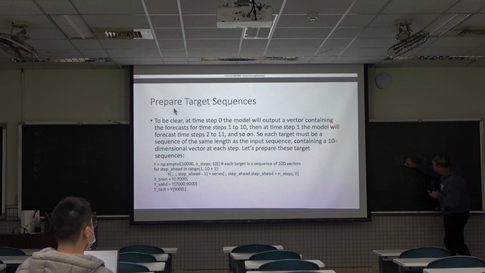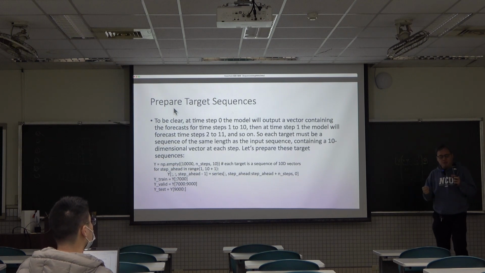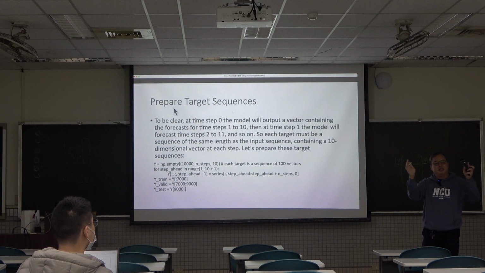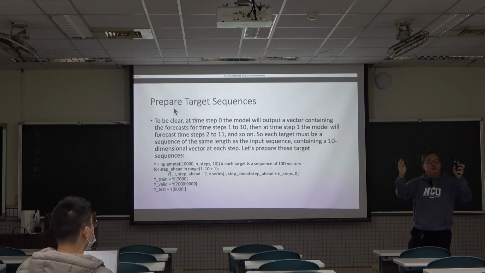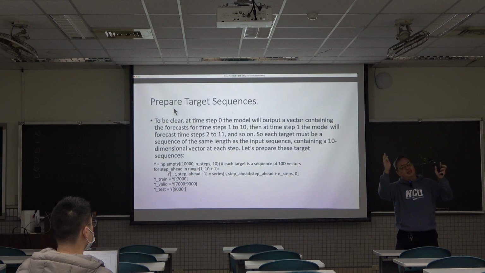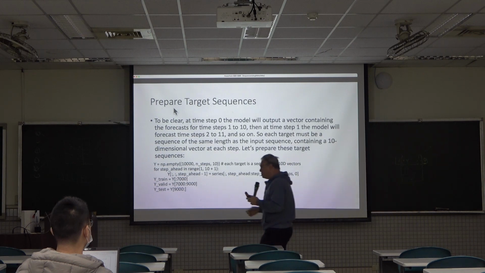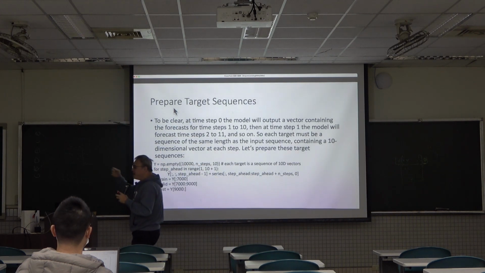The reason this is called the causal model is because, as you can see, you use the first 10 elements and you predict from the second element to the last one plus a new element. So some part of the input overlaps with the output, right?